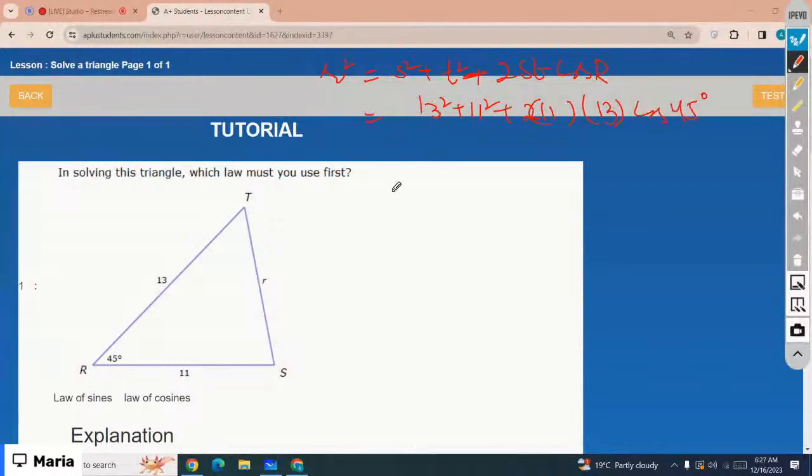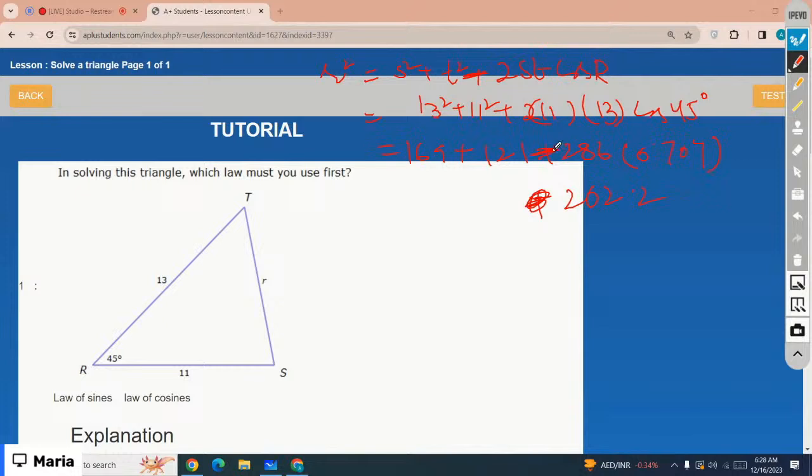13 square is 169, 11 square is 121. Okay, then 2 times 13 times 11 equal to 286, and cos 45 equal 0.707, right? So 0.707 times 286 is 202.2. No, you have to subtract them.